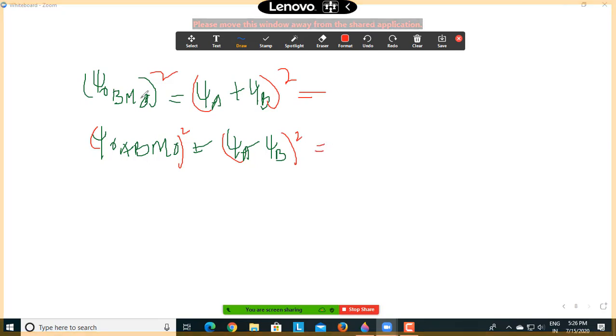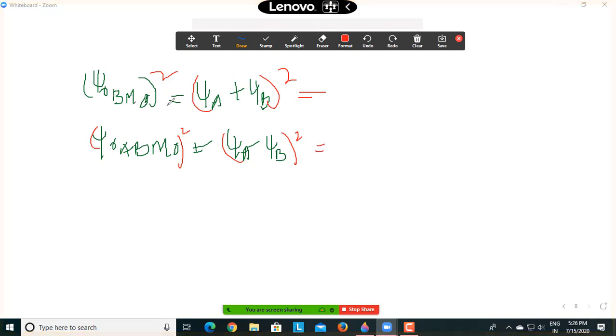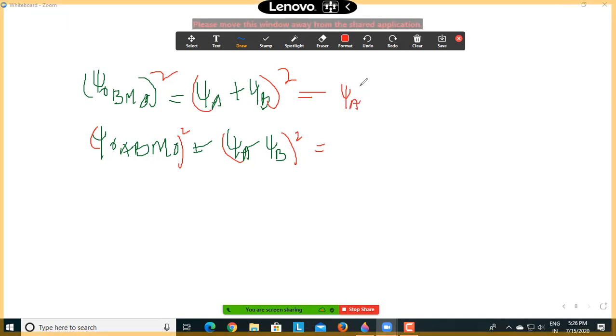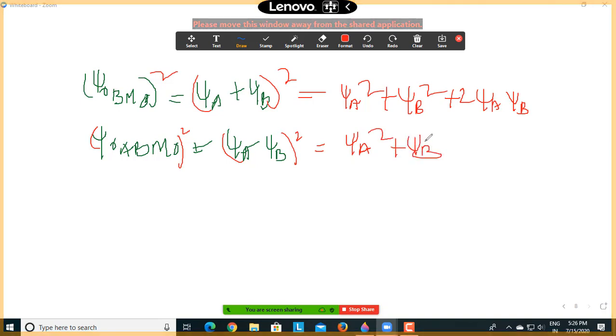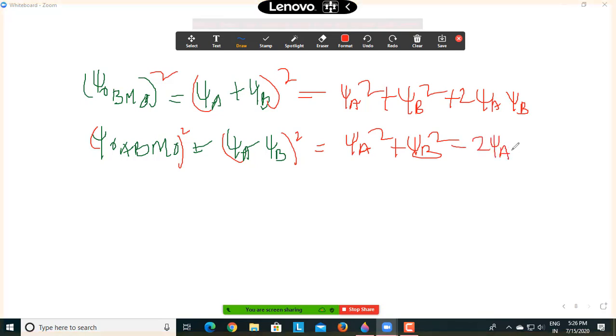If you make it square, psi resultant for bonding molecular orbital will give you psi a square plus psi b square plus 2 psi a psi b. And for antibonding molecular orbital it is coming psi a square plus psi b square minus 2 psi a psi b, isn't it? Tell me.